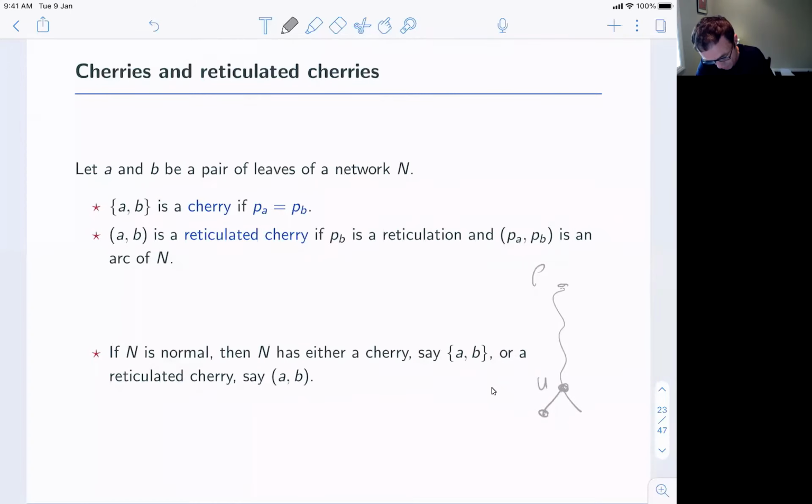So one of the children must be a leaf. Look at the other vertex. It can't be a tree vertex, otherwise it's not a maximal length path. So it could be a leaf, which makes that a cherry, or it could be a reticulation. Below that reticulation would have to be either a tree vertex or a leaf because it's normal. It can't be a tree vertex, otherwise we could have extended the path, so it must be a leaf. Right, so actually that's quite straightforward to see. So normal networks have that property.